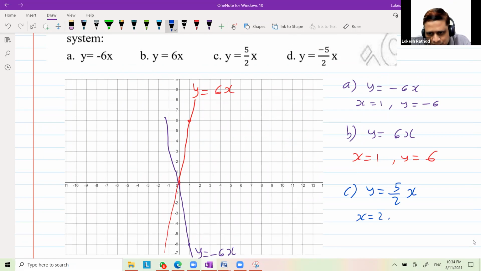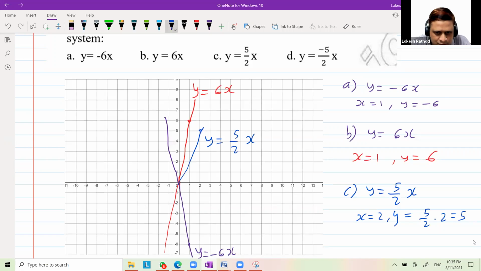If x is 2, y is pi over 2 times 2, right? That is pi. So if x is 2, y is pi. So this is the point, right? So origin and line joining these two. So there is the line y equal to pi over 2x.